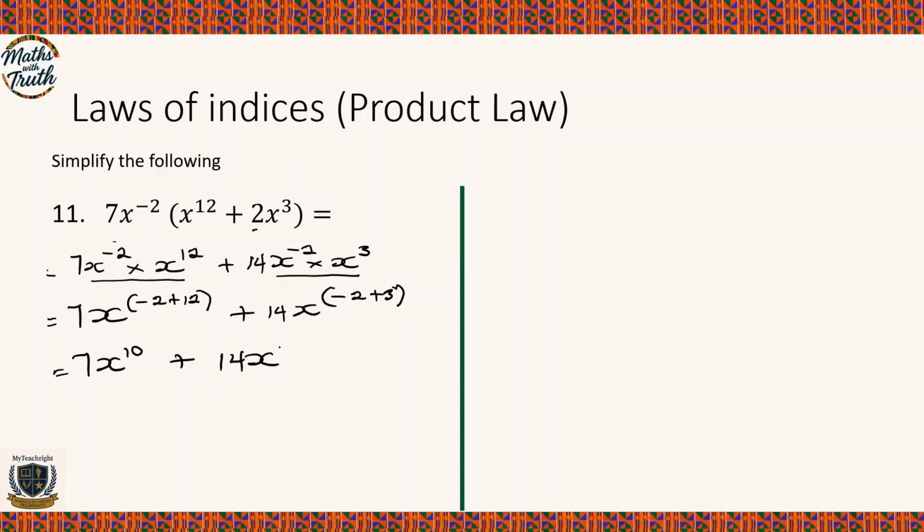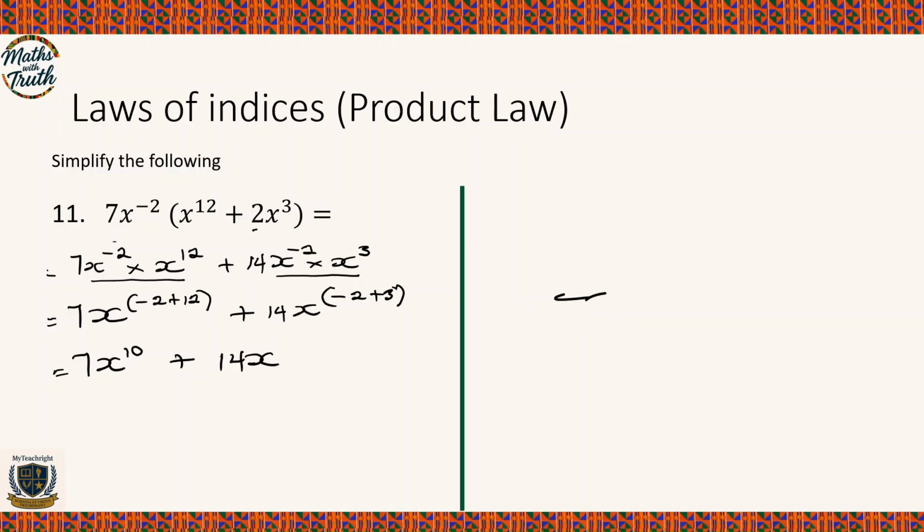If you have exponent 1, it's the same as just the number, so you really don't write exponent 1. We will come to that. So x exponent 1 is the same as x.